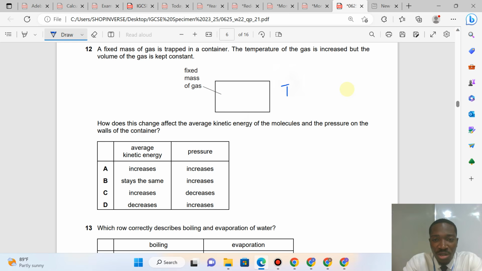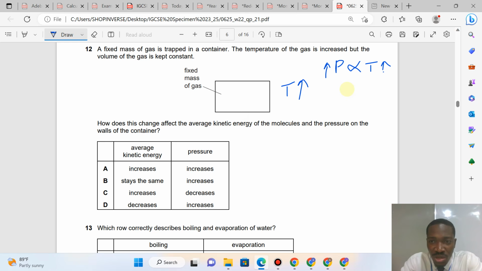Now, when temperature of a gas is increased but volume is kept constant, take note that pressure is directly proportional to temperature. So that's when volume is constant. So when you are increasing temperature, automatically you are increasing the pressure.